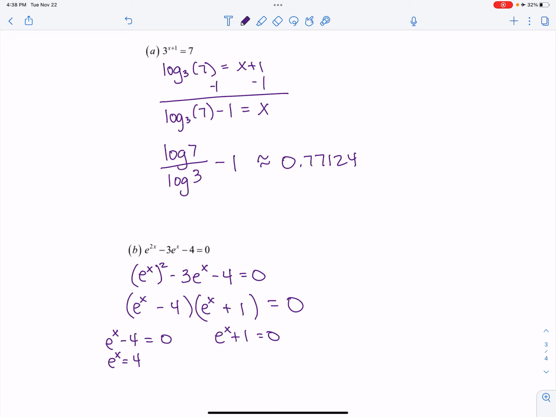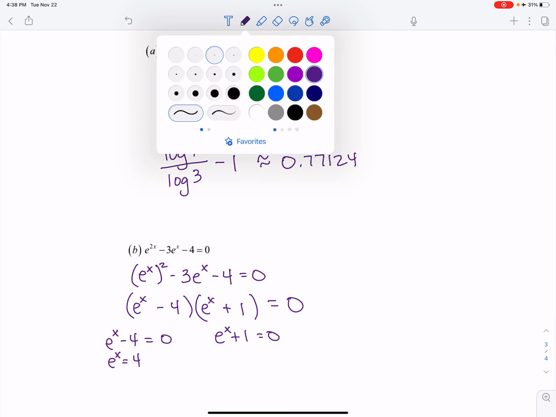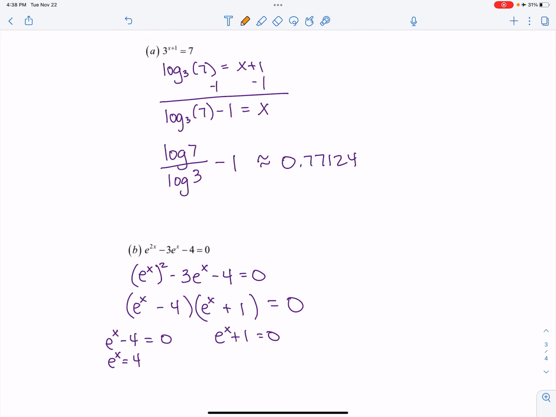And the inverse of e, just a little side note, the inverse of e is natural log. So if I want to take the inverse of e, so that way I can get that x alone, then I would take the natural log of both sides.